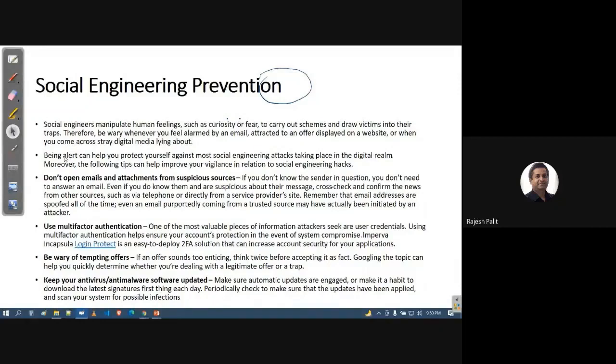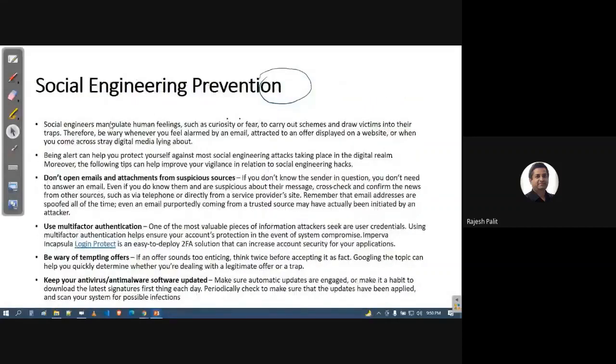Then be wary of tempting offers, such as being told you have won a lottery or you have won an iPhone. This sort of ads we see quite often. Then keep your antivirus or anti-malware software updated. If you have antivirus, you must update it frequently, when updates are available.